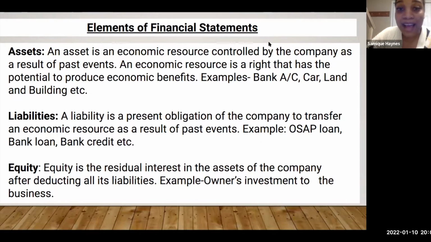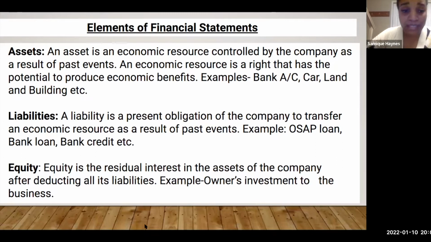So an asset is something that the company owns. An asset is an economic resource controlled by the company as a result of past events. Some examples of assets will be bank account, money, cash, car, land, building, accounts receivable.